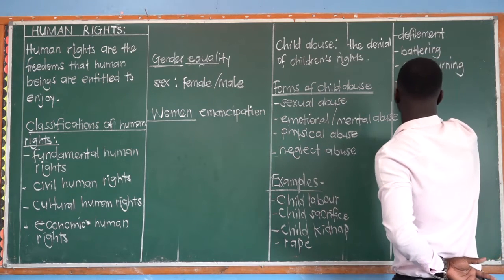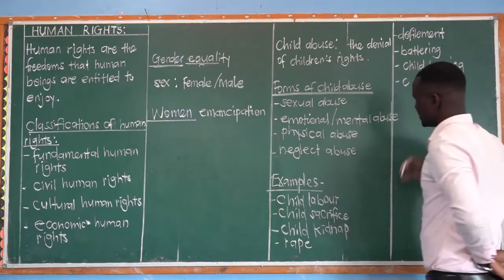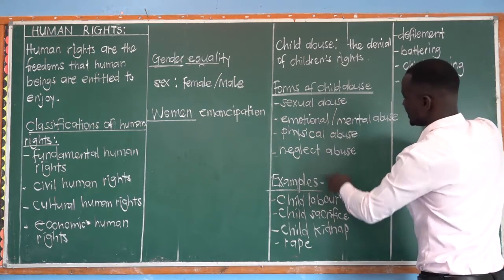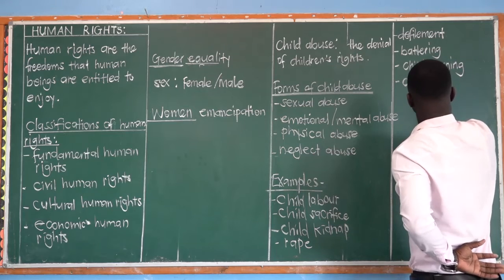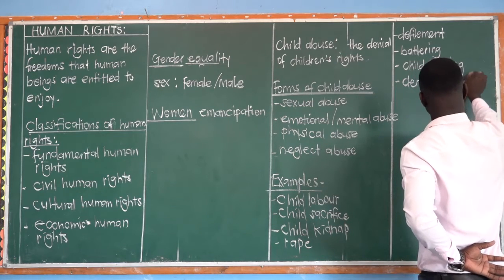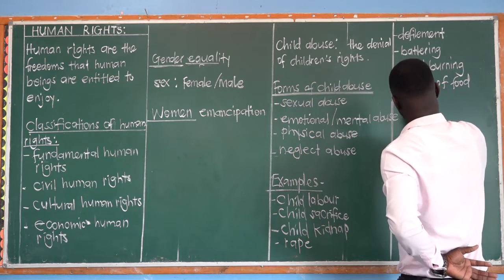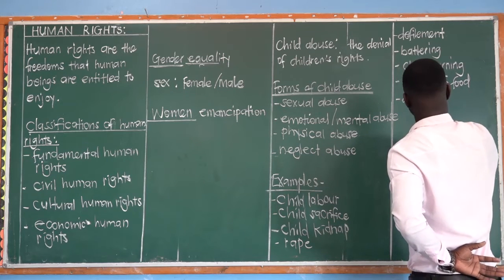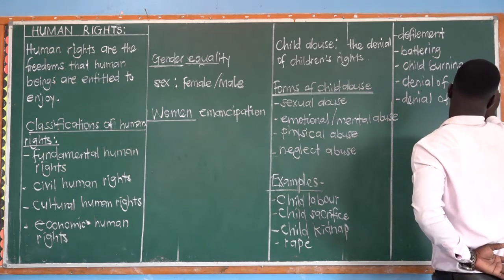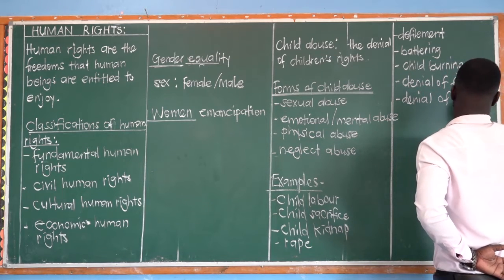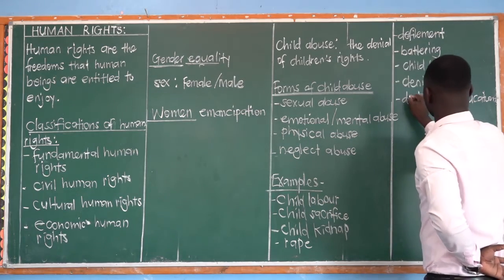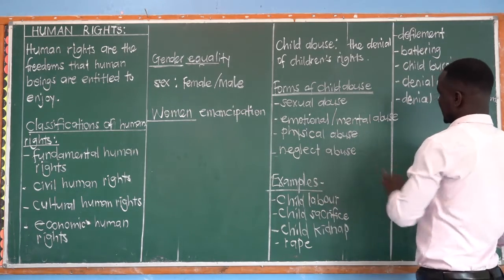And then we have child neglect, which goes under neglect abuse: denial of food to a child, denial of clothes, denial of education. When a child has been denied something, then that person will have performed what we call neglect abuse.